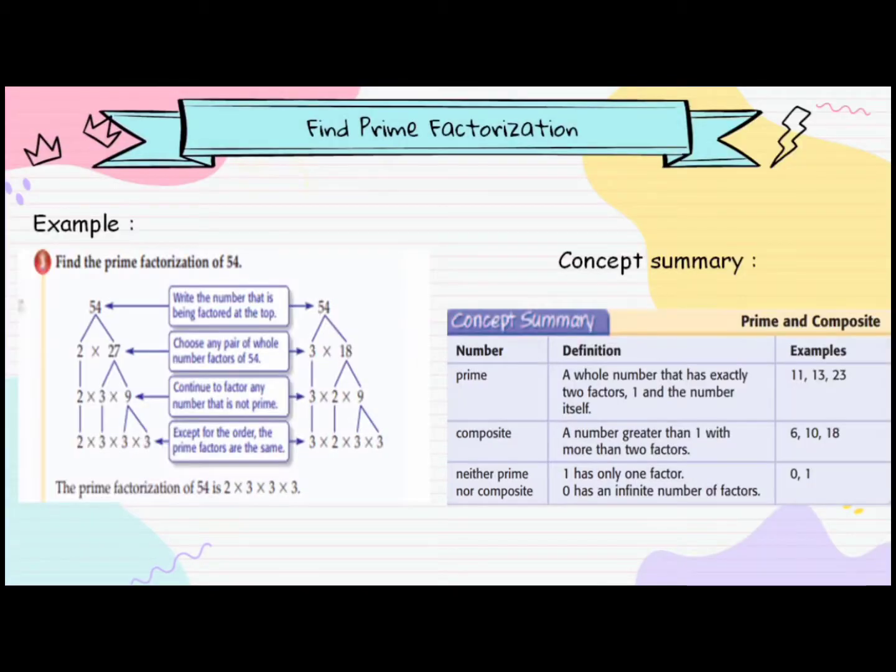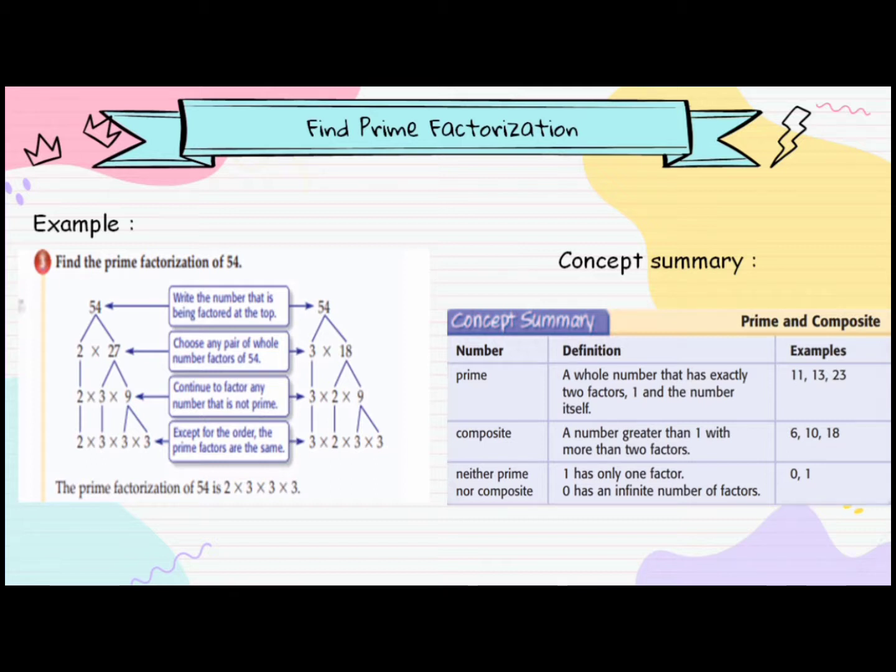Find prime factorization. For example, find the prime factorization of 54. We can see the answer as in this picture. The first, write the number that is being factored at the top. The second, choose any pair of whole number factors of 54.